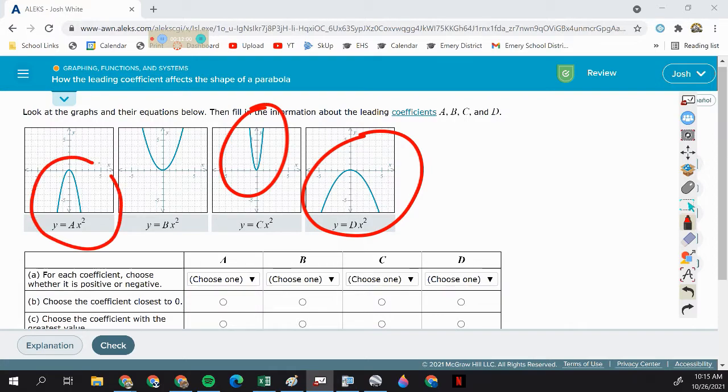This is the smallest number because what makes this the smallest? What makes A the smallest? It's the tallest negative number. Which one's the biggest? This one, because it's the tallest positive number. Does that make sense? Okay, that's it for 3.1.